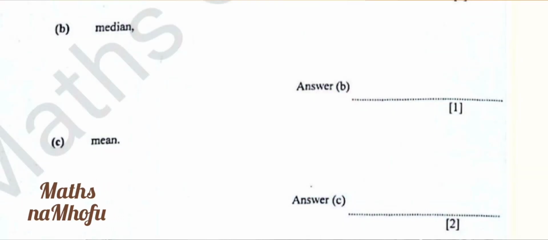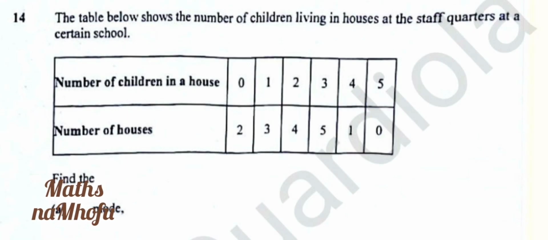And our median, remember, median is the mid what? Term. Median is the middle term. Since we are not given the actual number of children, we have to add the down part, which is the frequency.